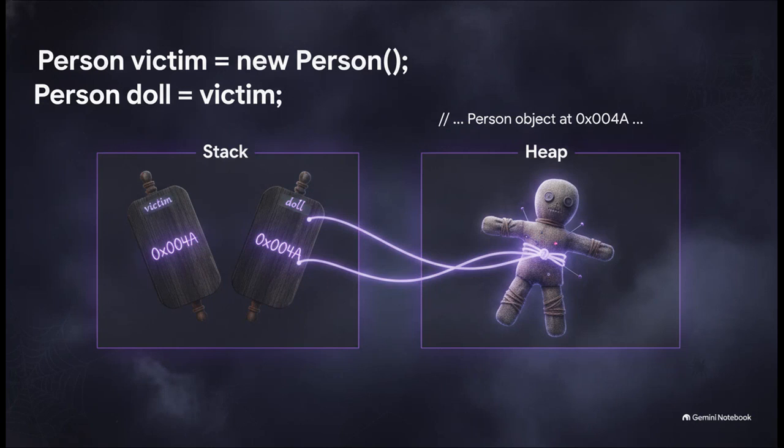So here's the horrifying reality. Both our victim and our doll variables are sitting there independently on the stack, but they hold the exact same address, 0x004A. Two remote controls, but still only one physical person payload living on the heap. They are completely tethered to the exact same entity.